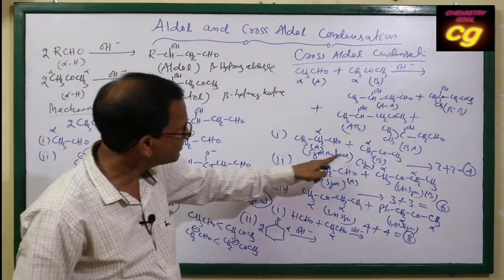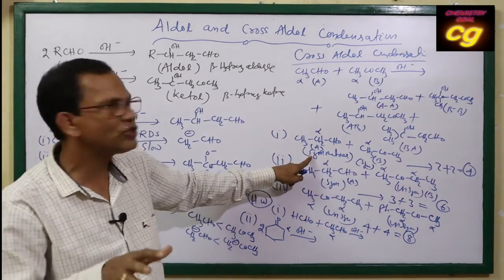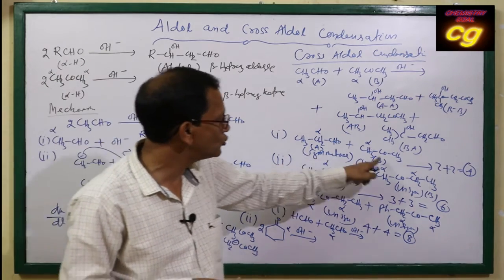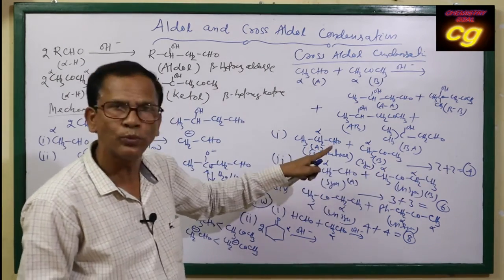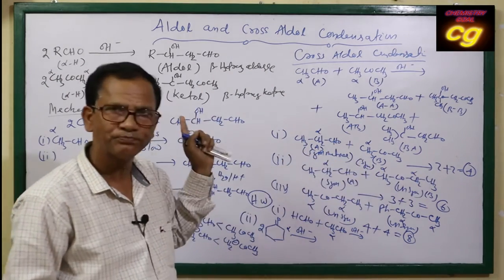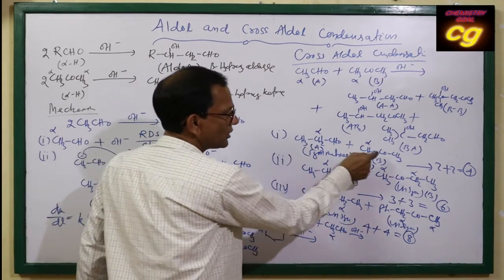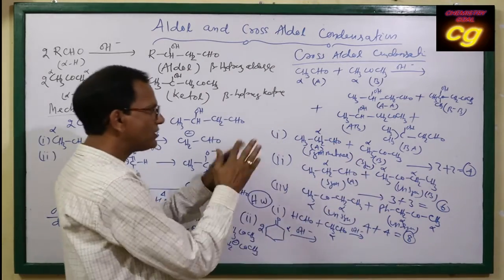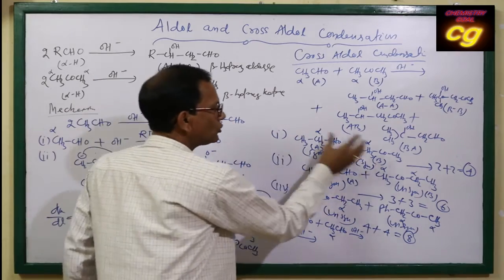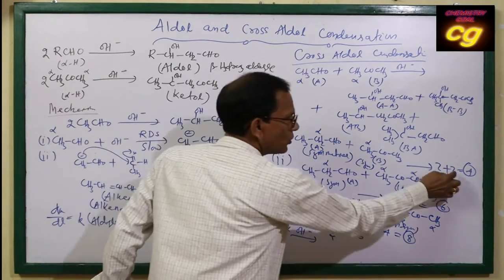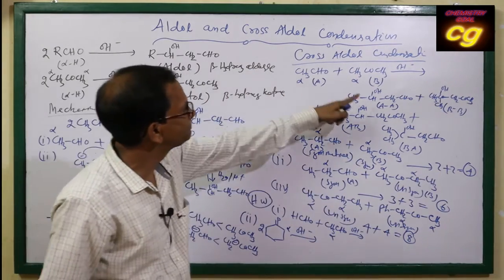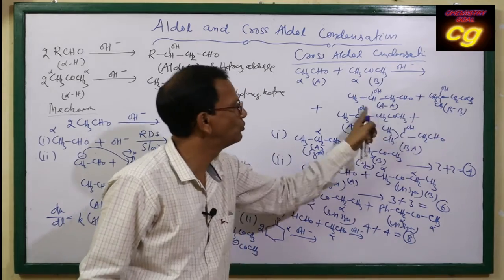If both are symmetrical, the total will be 2 plus 2: 2 plus self condensation, that is one for this, one for this, that is 2, and another 2 for cross. Both will be interchanged, that is 2 plus 2 forming 4.